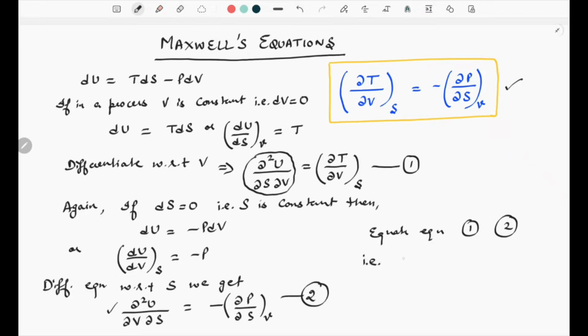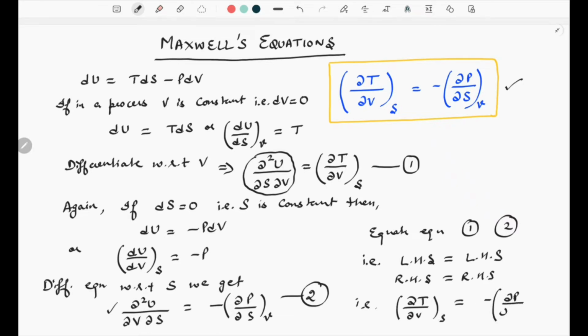That means if left hand side of both equations is same, then right hand side equations are also same. That is ∂T by ∂V at constant S gives you minus ∂P by ∂S at constant volume. This is our first Maxwell equation.